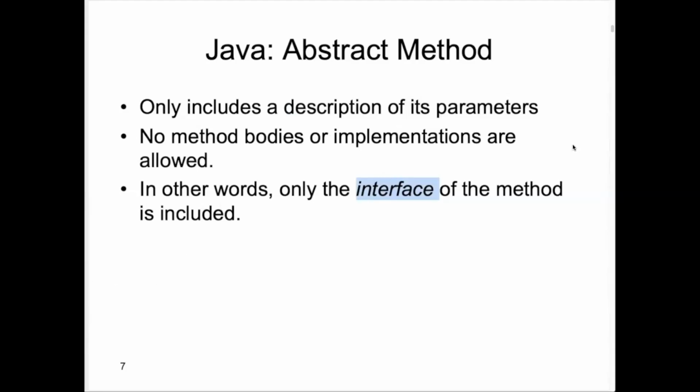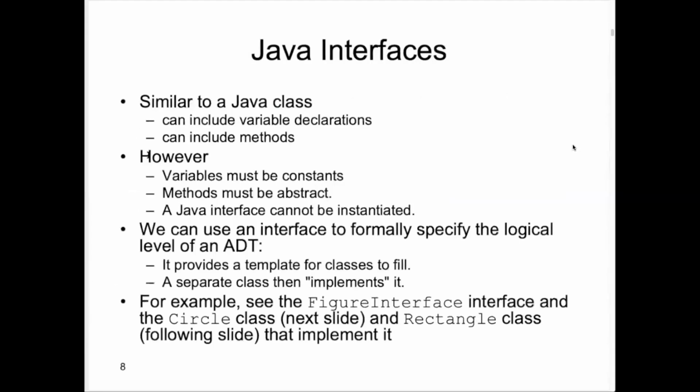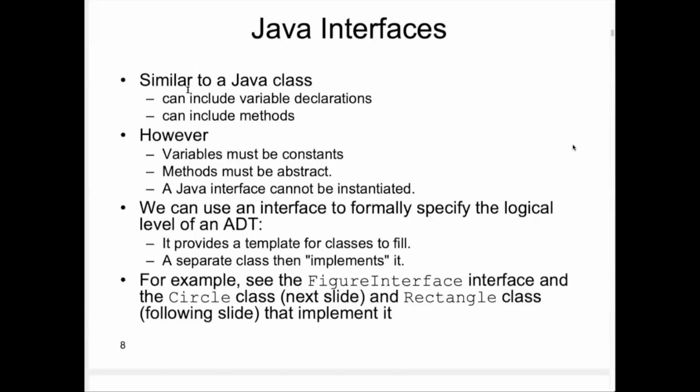Now let's look at what an interface is in Java. This is just a review, and most of you probably have this already. In Java, an interface is something that you can implement. Similar to Java classes, you can have variable declarations and method declarations, but you cannot have method implementations. You can have constants defined, basically public static finals.